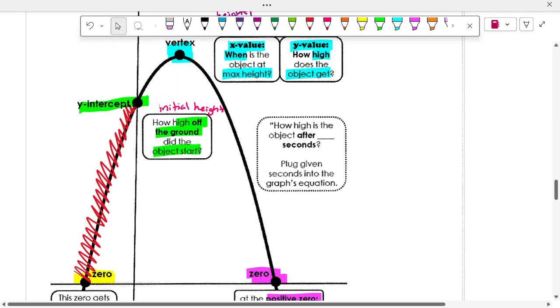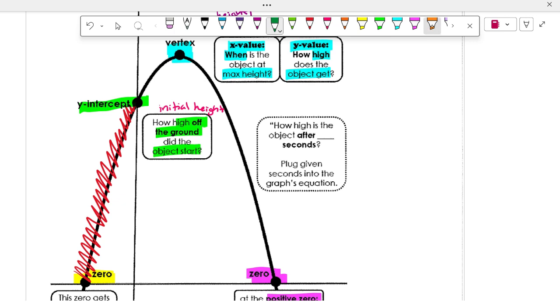Now, sometimes you have to plug in some stuff. So this one asks how high is an object after some number of seconds. All right. For that, you would type in Desmos, x equals some number, and then find the point of intersection.